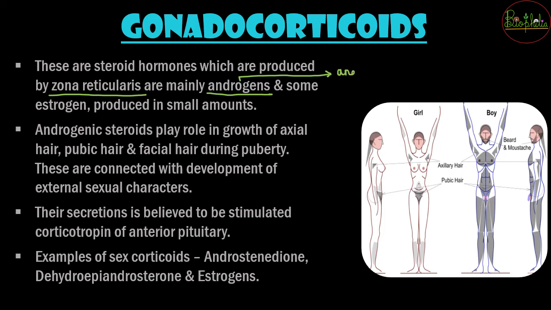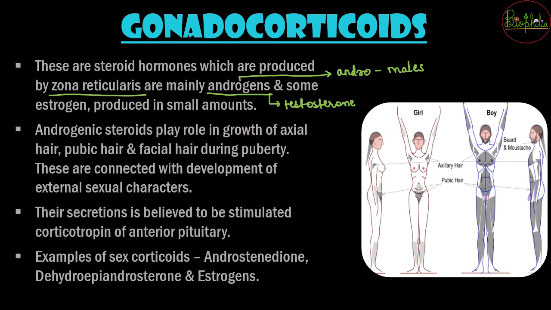The word andro is regarding the males. So what is the major androgen? The major androgen is testosterone. So the functions of testosterone you can relate to the functions of androgens, and majorly androgens will be released, but some amount of estrogen can also be secreted from the reticularis.